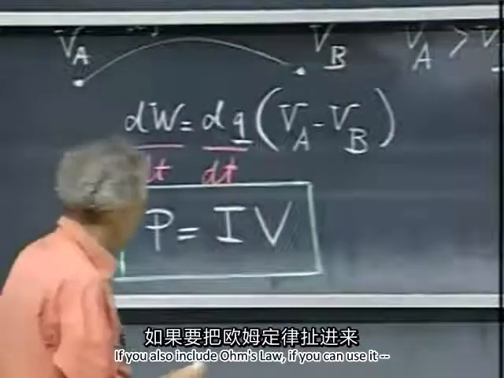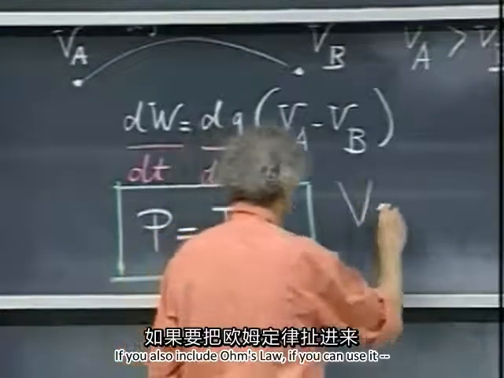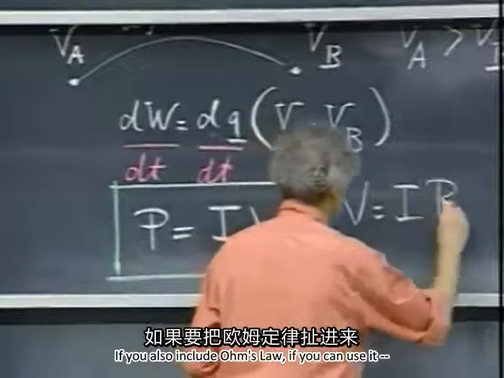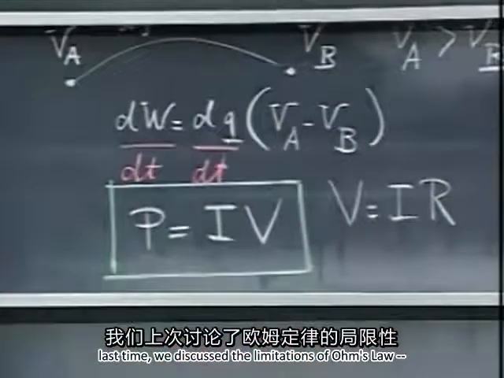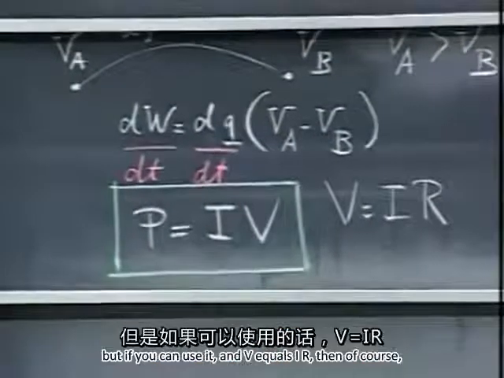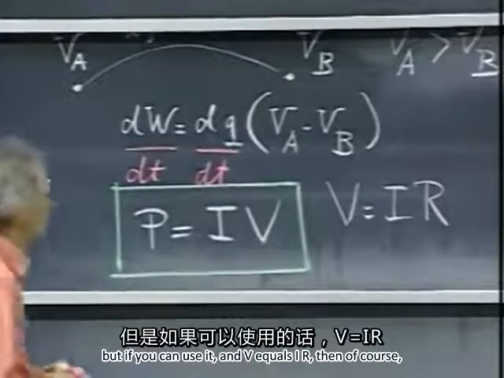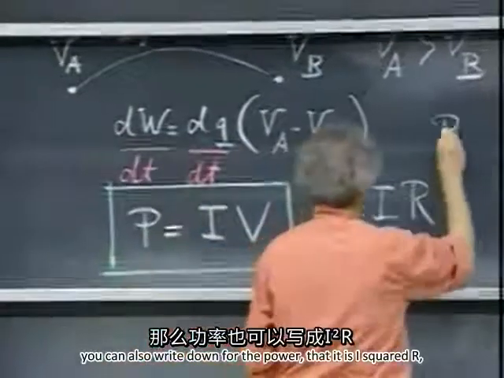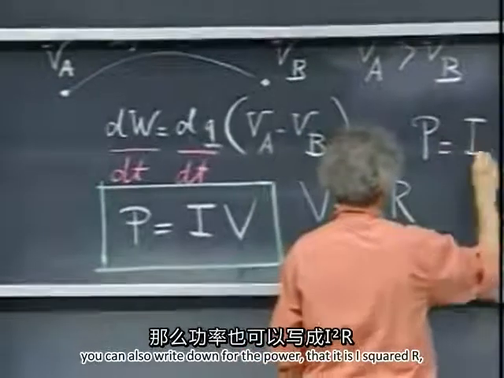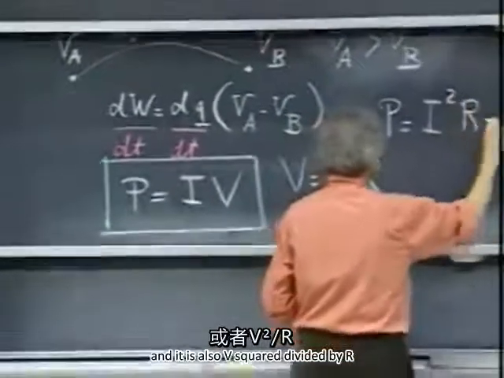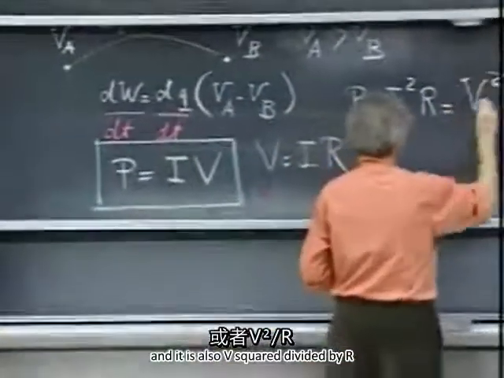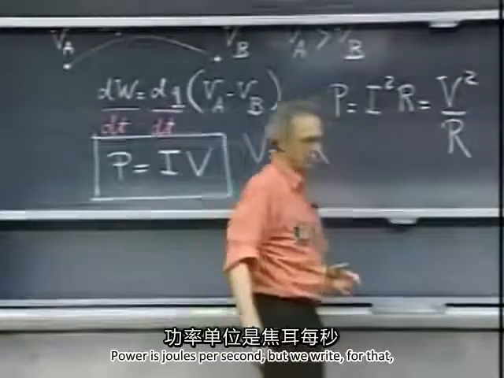If you also include Ohm's law, if you can use it, last time we discussed the limitations of Ohm's law, but if you can use it and V equals IR, then of course you can also write down for the power that it is I squared R, and it is also V squared divided by R.